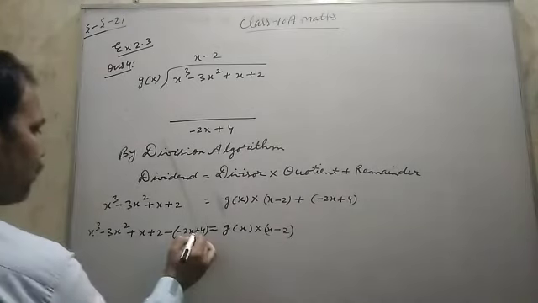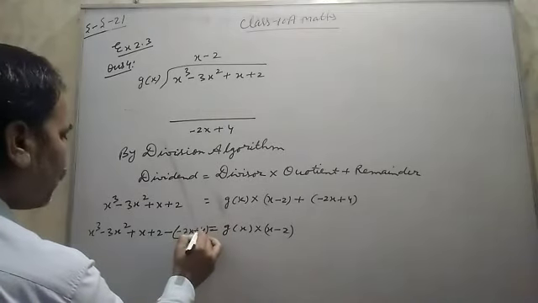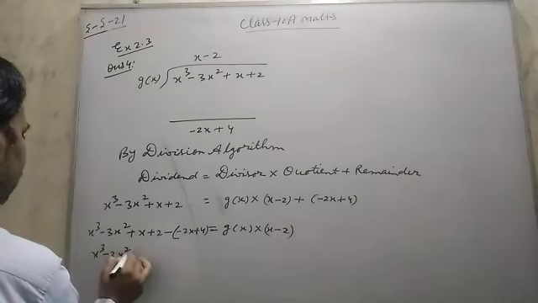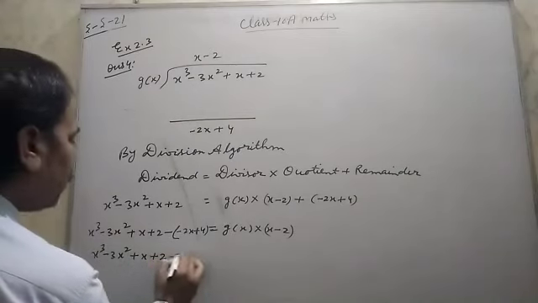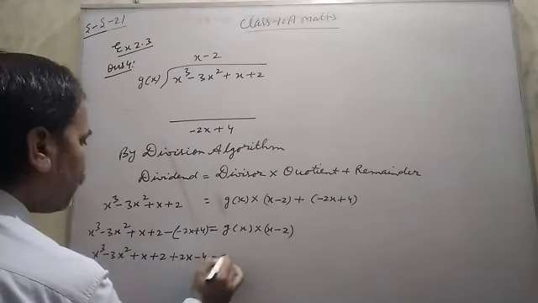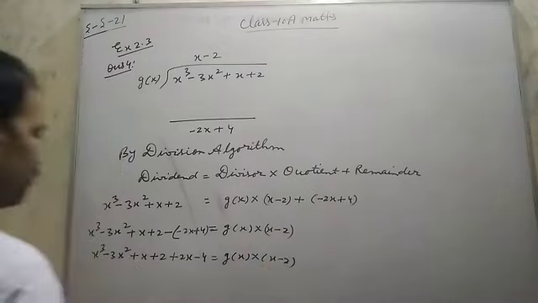Open the bracket: x cube minus 3x square plus x plus 2, this will be plus 2x minus 4, is equal to g(x) into x minus 2.